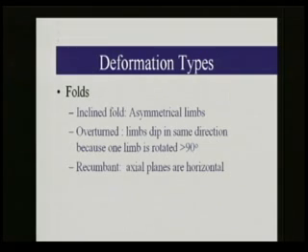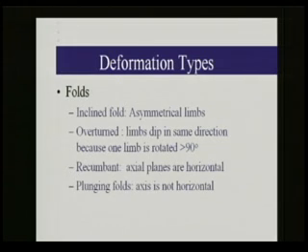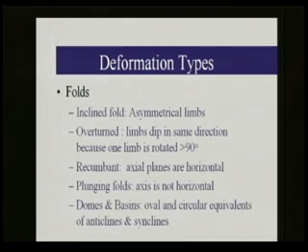We can have a recumbent fold where the axial planes are actually horizontal. A plunging fold means that the axis, or the axial plane, is not nicely perpendicular to the horizontal surface, but instead the fold will sort of move into the earth. Again, a picture's worth 1,000 words in this case.